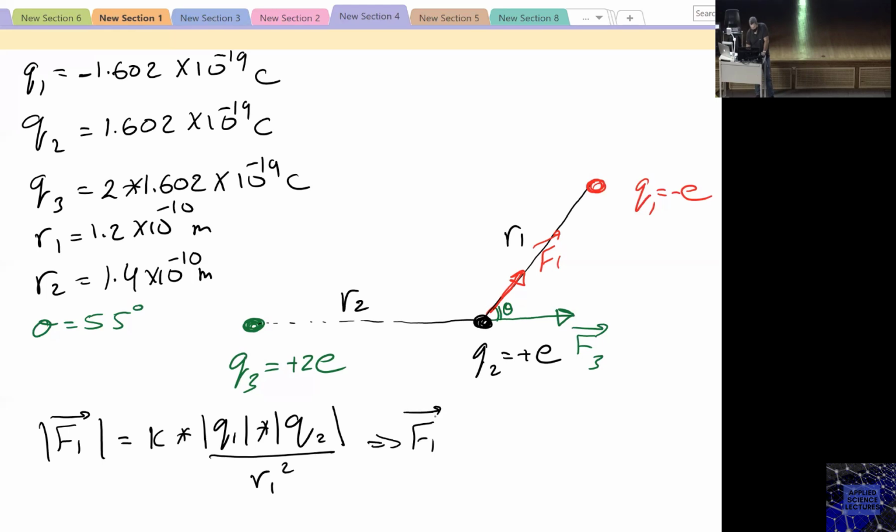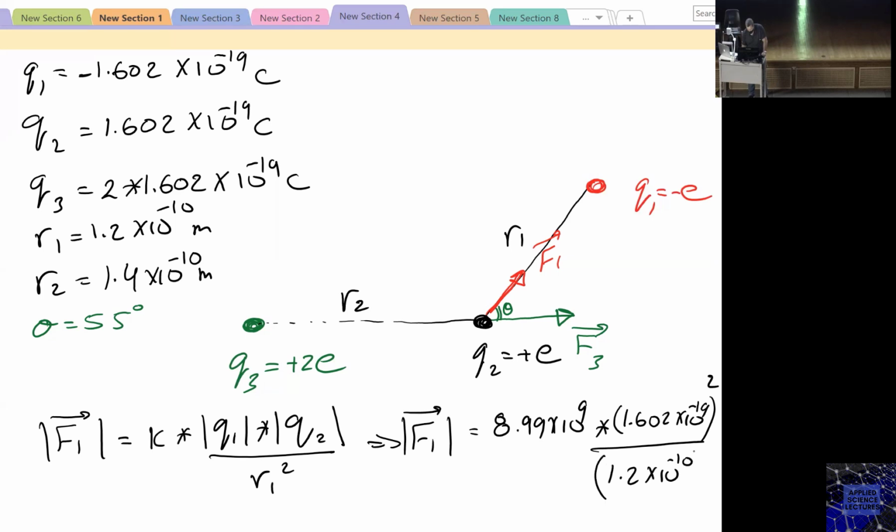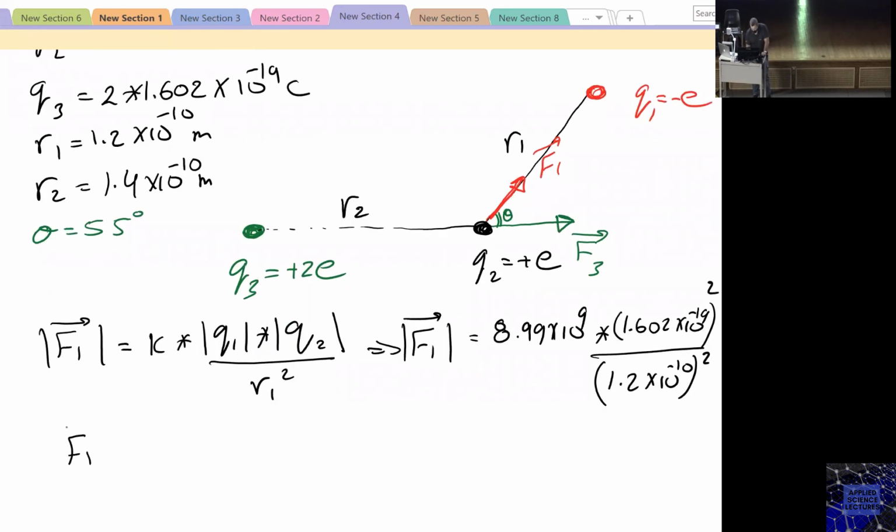What charges go into the equation for F1? Q1 and Q2. So F1 magnitude equals 8.99 times 10 to the power 9 times 1.602 times 10 to the power minus 19 squared, since Q1 and Q2 have the same magnitude, one being the charge of a proton and the other the charge of an electron, divided by 1.2 times 10 to the power minus 10, also squared, which means F1 magnitude equals 1.6 times 10 to the power minus 8 Newton.